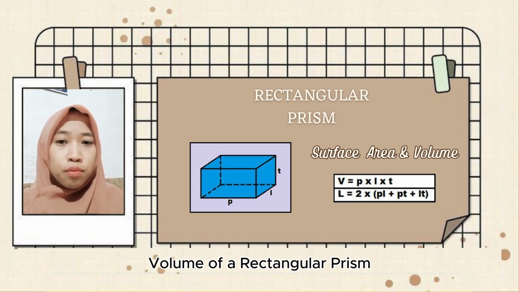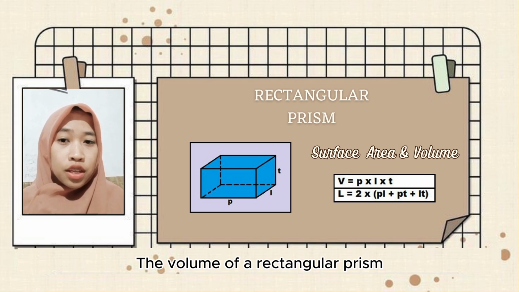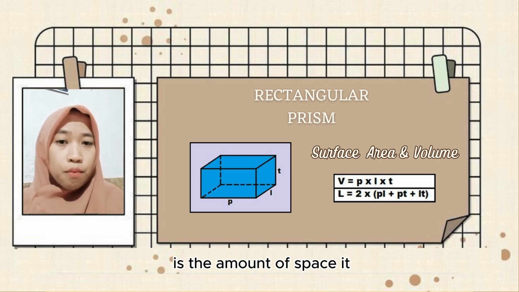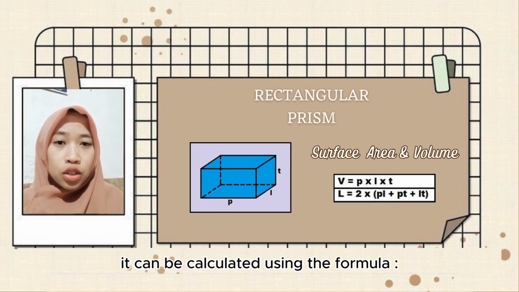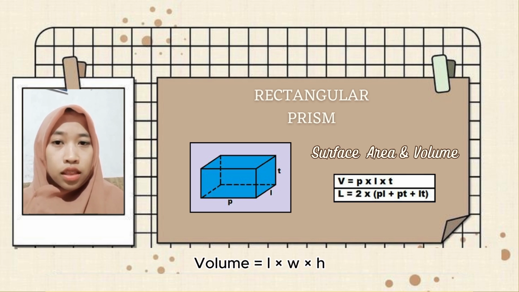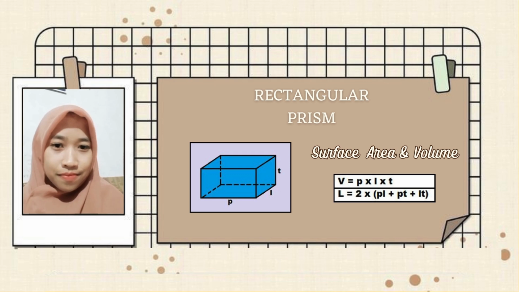Next, volume of a rectangular prism. The volume of a rectangular prism is the amount of space it occupies in three dimensions. It can be calculated using the formula volume equals length times width times height.